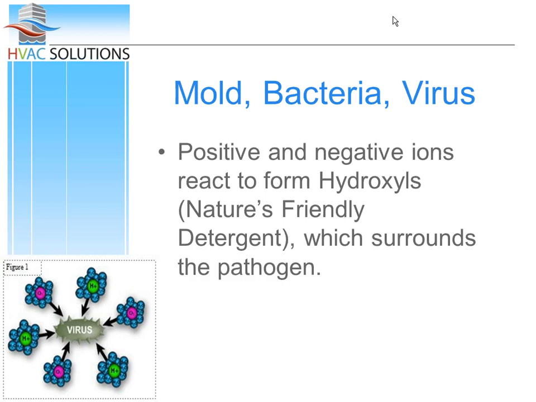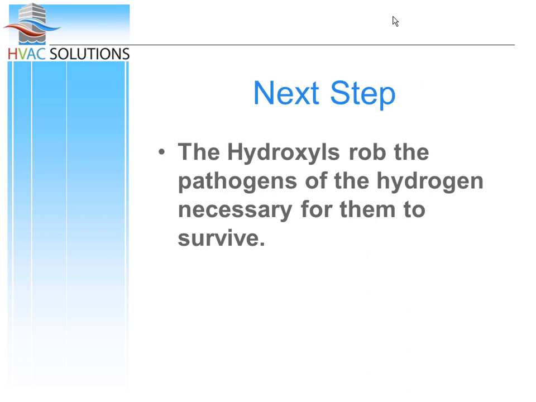Okay, so with the particulate, like I said, we're attracting, they're getting bigger, they're getting caught on the filter. With mold, bacteria, and viruses, it's a little bit different. The ions surround the virus, the mold, the bacteria, whatever it is, and then what we're doing is robbing the virus of the hydrogen.